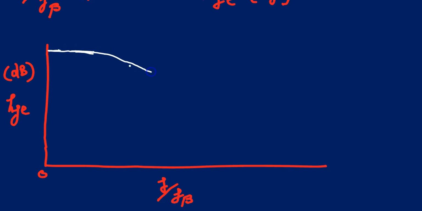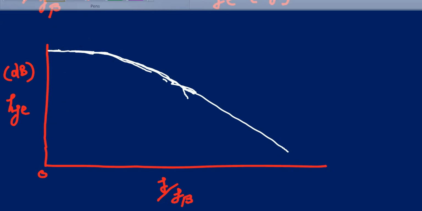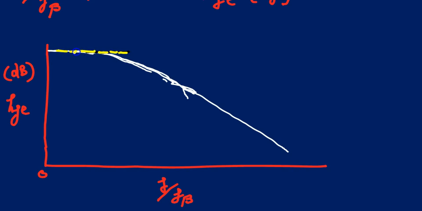So it is a straight line, then decreasing, decreasing, decreasing. The HFE is decreasing with frequency. If we produce it like this, this is the asymptote.